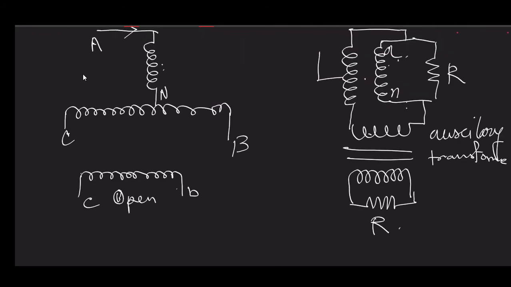Now for this three-phase induction machine, one thing is clear: we can consider it analogous to a transformer, and if it is analogous to a transformer, then we will try to consider the transformer model to develop it.